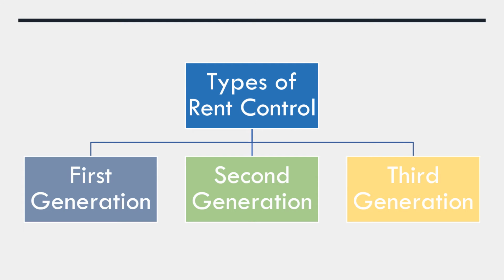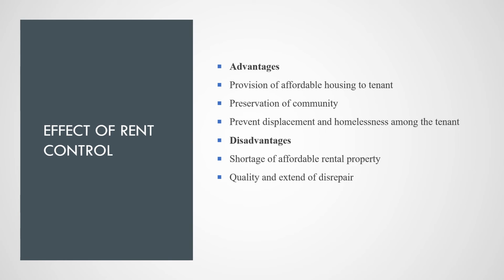For the third generation, rent is controlled during the tenancy, but it is decontrolled between tenancies. So the rent could be set higher again for the new tenancy, but during the tenancy, the rent should not be increased.